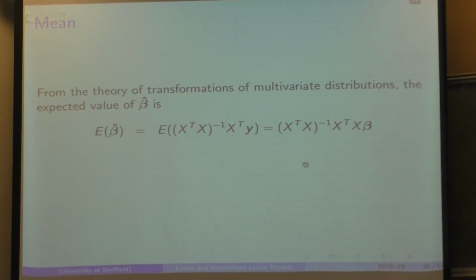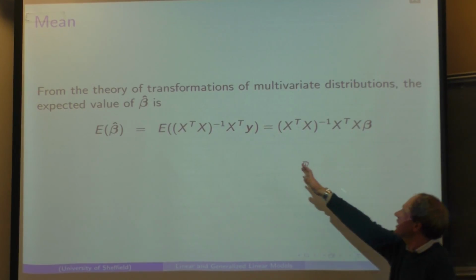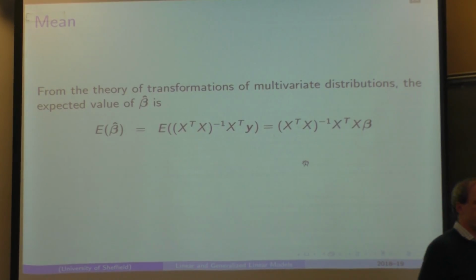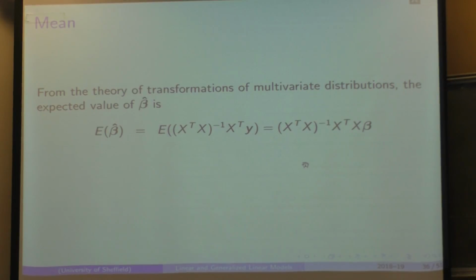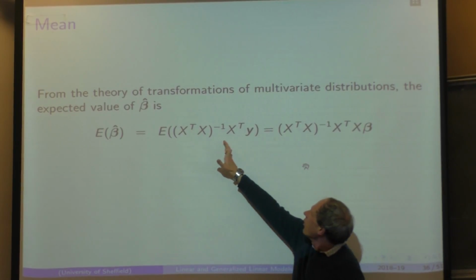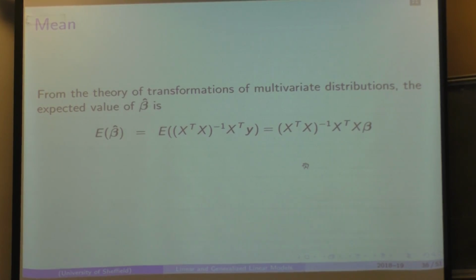So beta hat can be written as a linear transformation of y. You take the data y and you multiply them on the left by that matrix. So x transpose x to the minus 1 times x transpose is of course a single matrix here. So we're multiplying y on the left by that matrix.